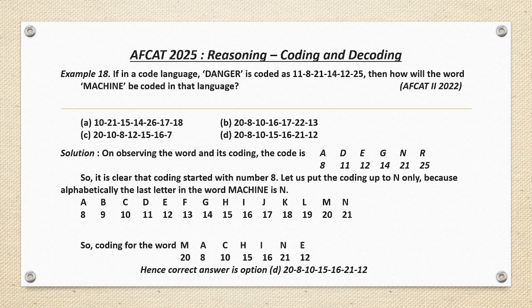So let us put these two, and after that if you form the series, for M you will get 20, for C obviously you will get 10, right? A starts with 8, third letter, so third number is 10, so 28, 10, 15, 16, 21, 12, right? This is the answer. I hope you understood how to arrive at the logical coding.